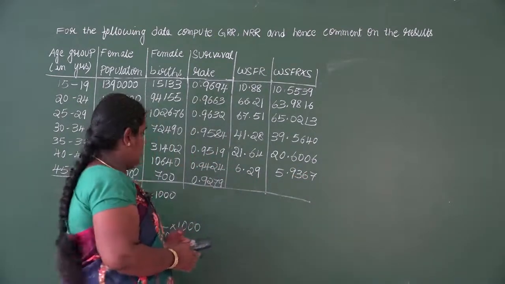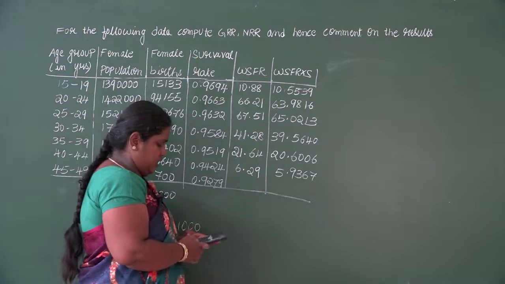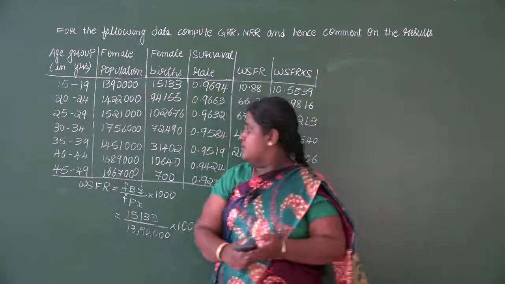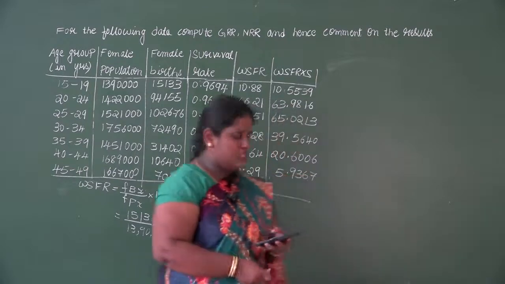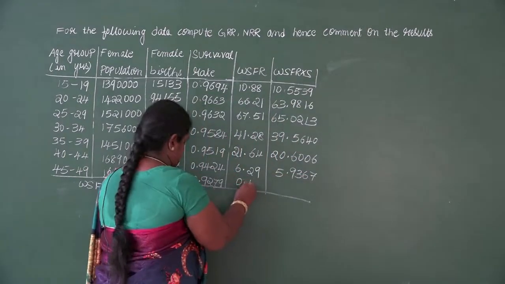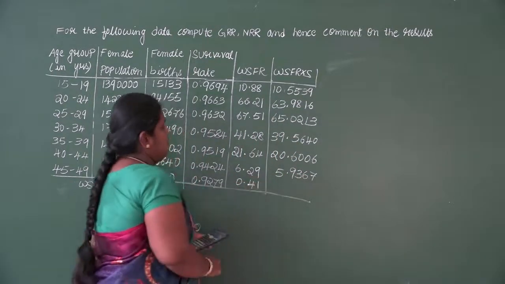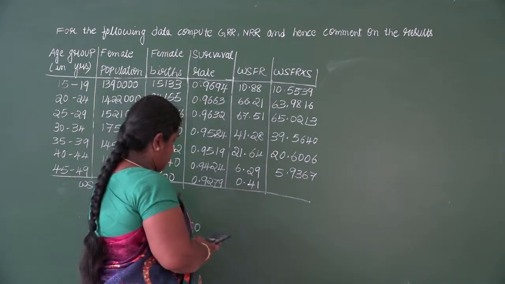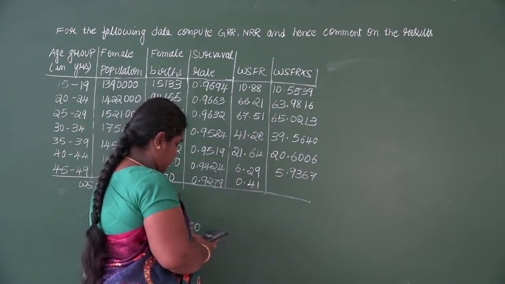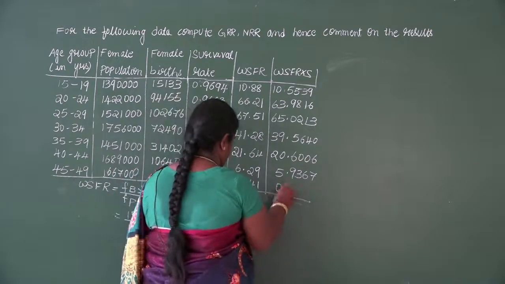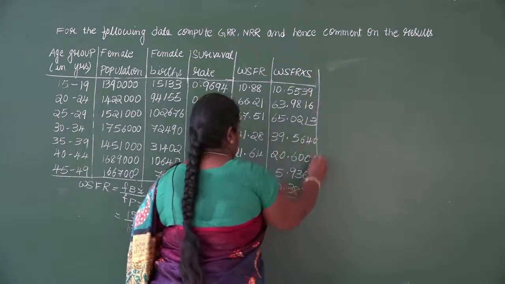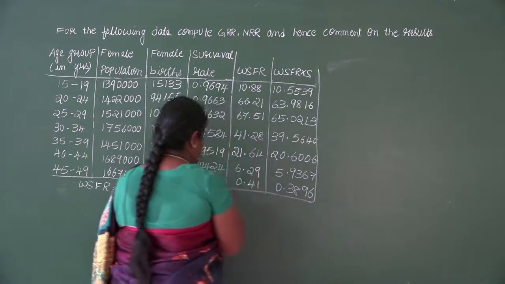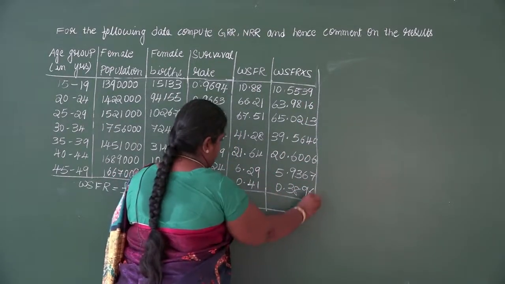The next one, 700 divided by 16,67,000 into 1000. 0.41. So 0.41 into 0.9279. It is 0.3896. Now add these WSFR and WSFR into S values.